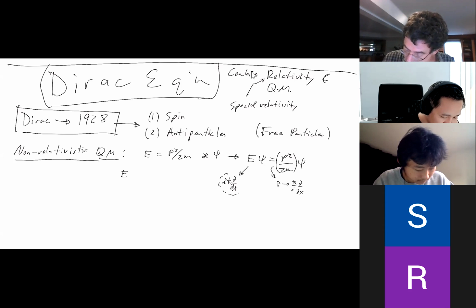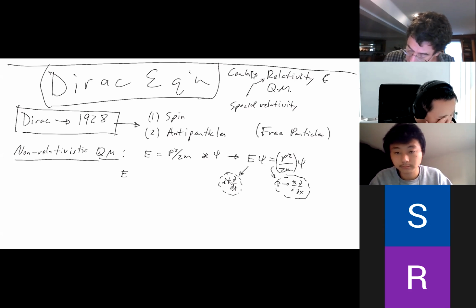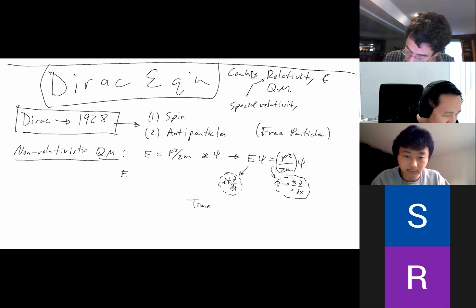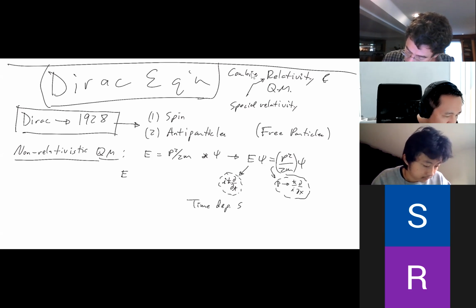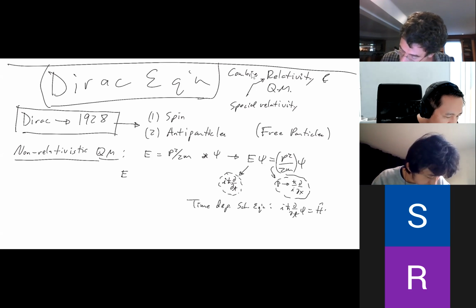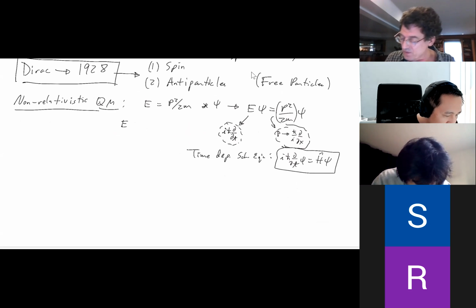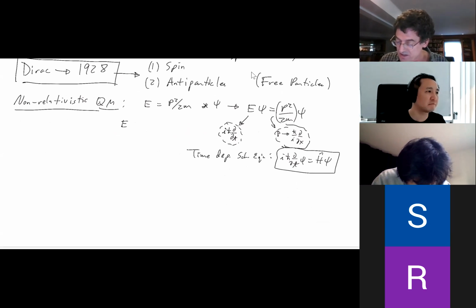That gives us the time-dependent Schrodinger equation: i h bar d/dt psi equals H psi. That's non-relativistic quantum mechanics in a nutshell.